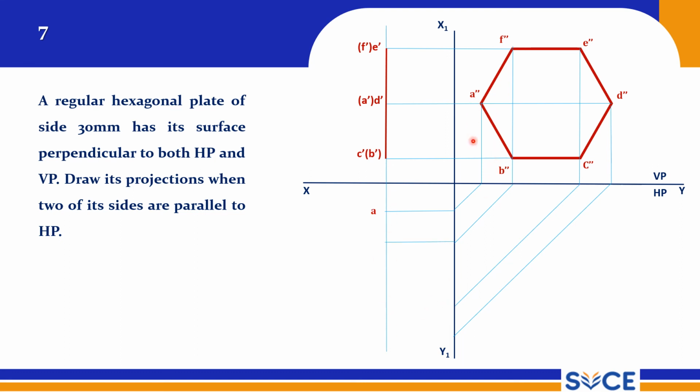On this projector I get A, on this projector I get F and B, where B is invisible, and on this projector I get E and C, where C becomes invisible, and on this projector I get D. Obviously D is visible, so this is a thick line.